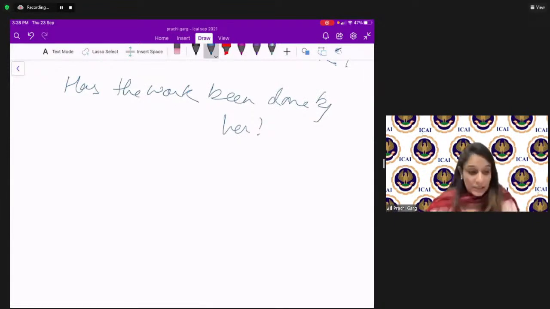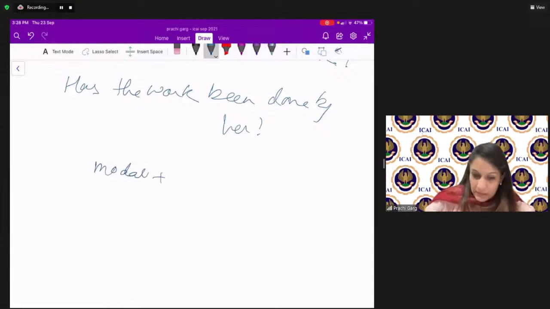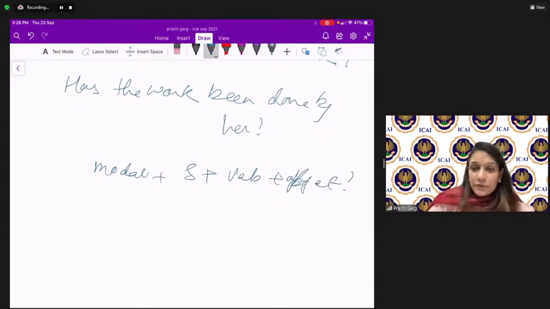If you're using modals like can or may, then how will you change it? So normally in active voice, your question will have a modal verb plus subject plus verb plus object, a simple form of verb.